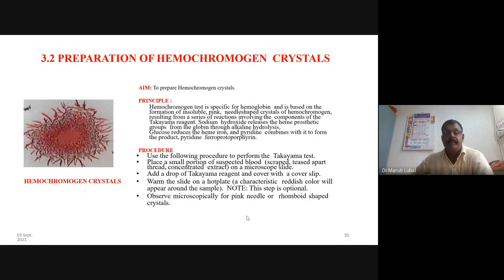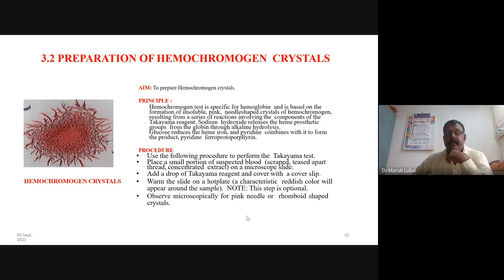Takayama test. Place a small portion of suspected blood, scraped, teased apart, thread, or concentrated extract on a microscope slide. Add a drop of Takayama reagent and cover with a cover slip.